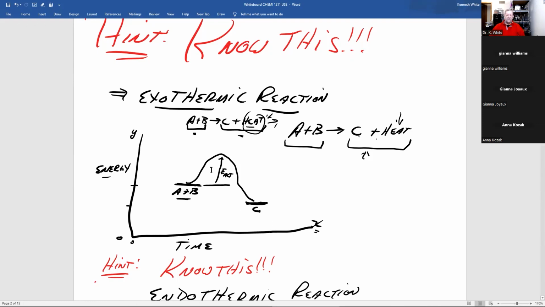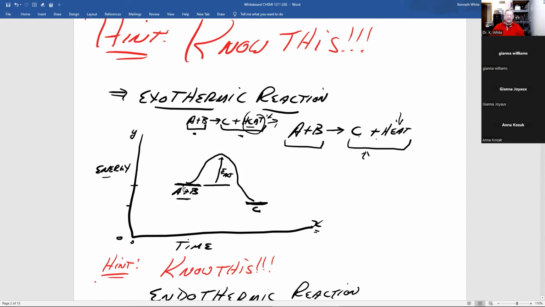And A and B, heat, the product total energy always equals the reactant total energy. Reactant total energy equals the product energy total. Now here, our reaction is A plus B makes C plus energy, and I'll call that heat.